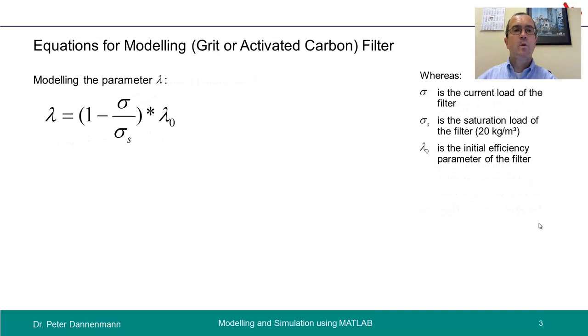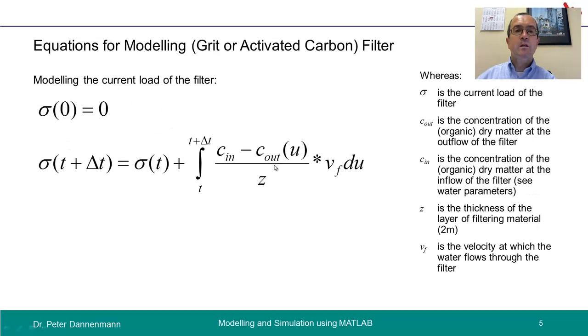However, we still cannot determine our value of lambda. In order to do this, we still need the current load of the filter as well as its saturation load. The saturation load is defined as a constant. Now, how do we compute the current load of the filter?